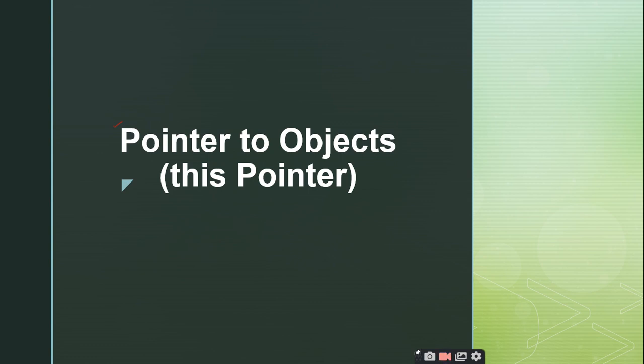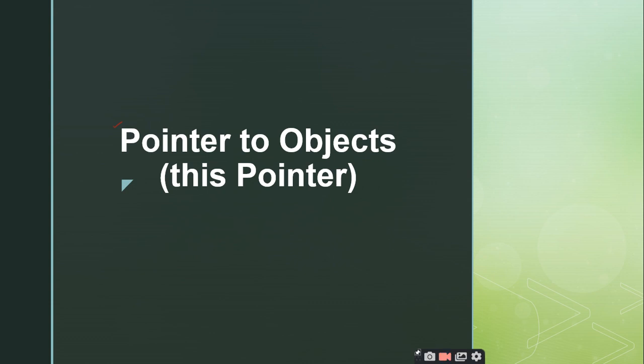So in the last class we have seen the pointers to class, where I have created a pointer to a class and I have stored the address of the object of that class, by which I access the member functions of the class. Right. So all these things we have discussed, and in today's session we are going to discuss the pointers to objects.